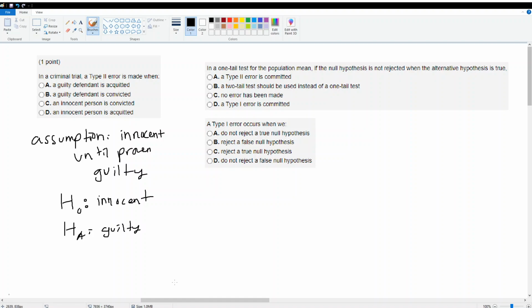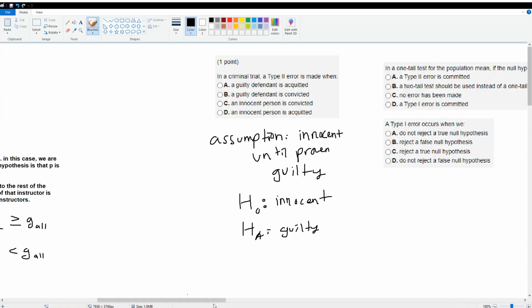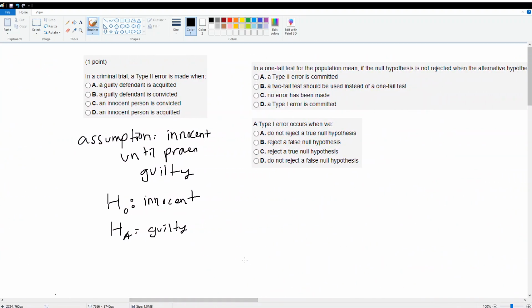So in light of that, we recall from our table that a type 2 error occurs when we fail to reject the null when we should have. So we fail to say that they're guilty, even though they are. So we say that they're innocent, even though they're guilty. So a guilty person is acquitted.